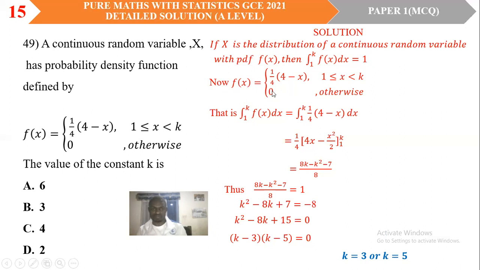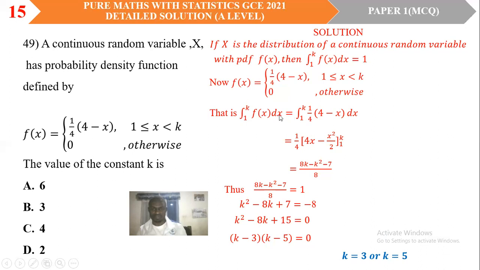Now, f of x equals 1 over 4 into 4 minus x, x lying between 1 and k, and 0 otherwise. That is, the integral from 1 to k of f of x dx is equal to the integral from 1 to k of 1 over 4 into 4 minus x dx.